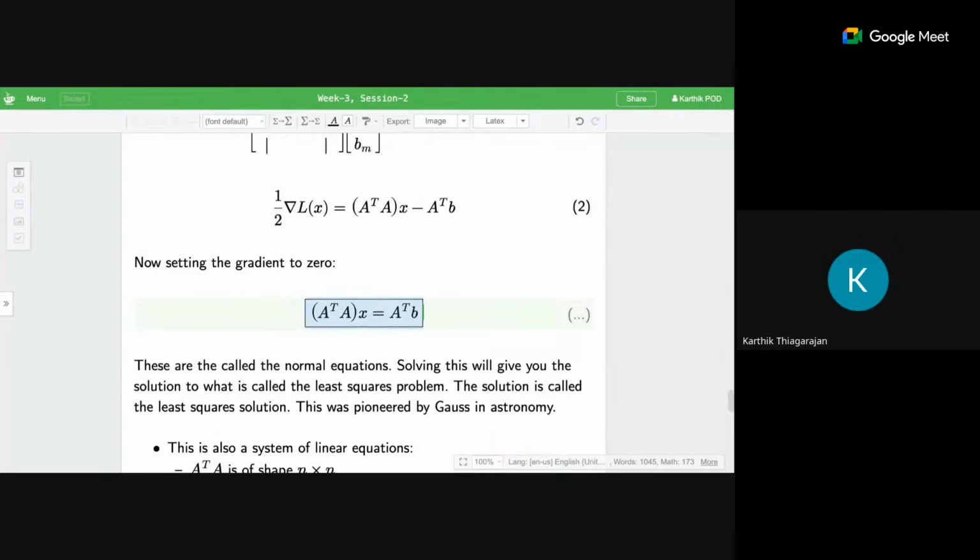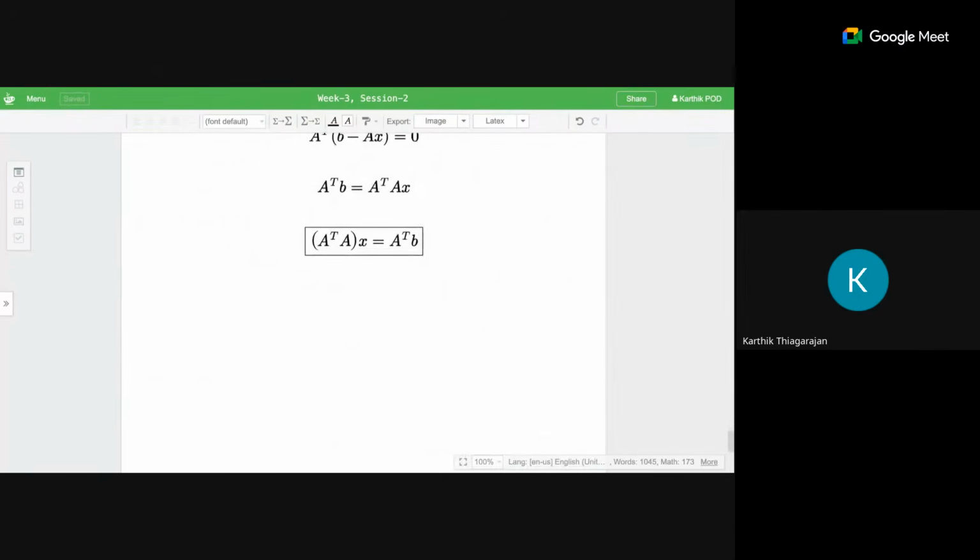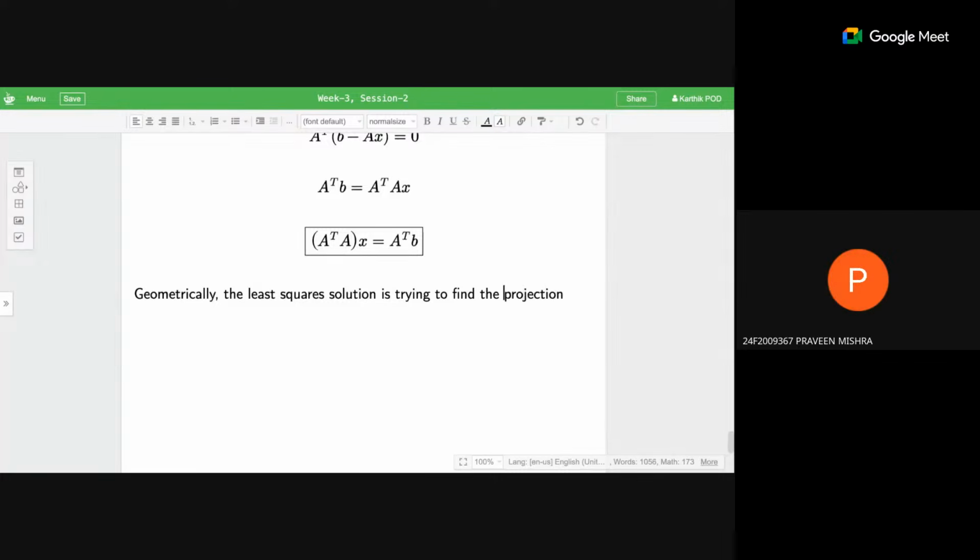So geometrically, the least squares solution is trying to find the best projection, the orthogonal projection of b onto the column space.